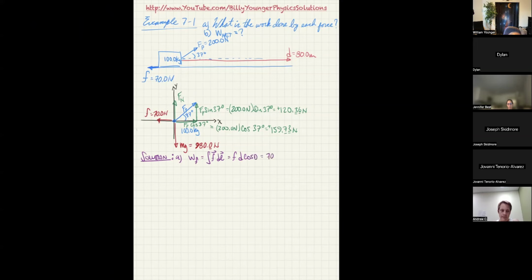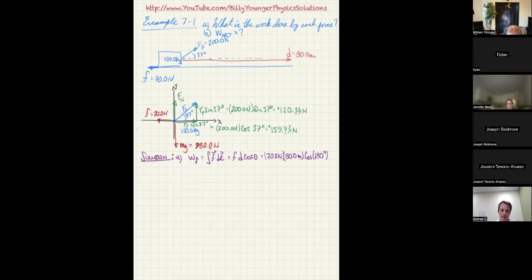The force is 70.0 newtons. That vector is pointing in the negative x direction, and the D vector is pointing in the positive x, so the angle between them is 180 degrees. So I'm going to say 70.0 newtons times 80.0 meters times the cosine of 180 degrees.